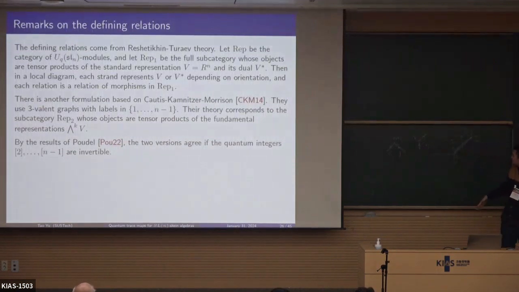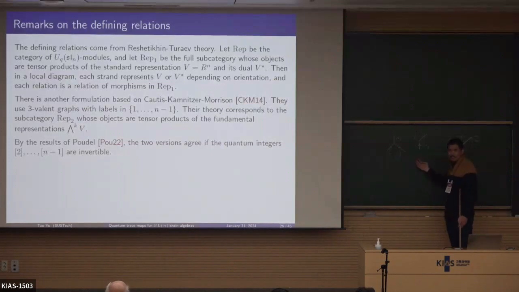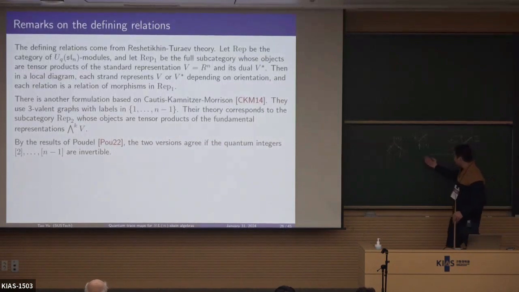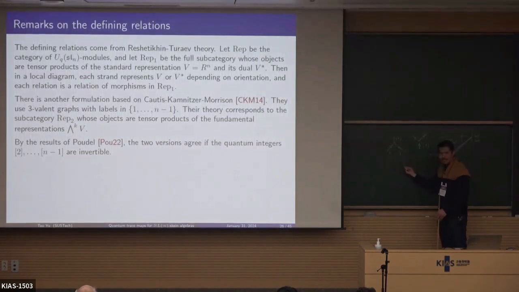So we're going to have a lot of trivalent vertices appearing in our skein algebra. There's going to be a lot more morphisms and a lot more relations, because you can imagine that you're going to get a relation every time you have different i's and j's.